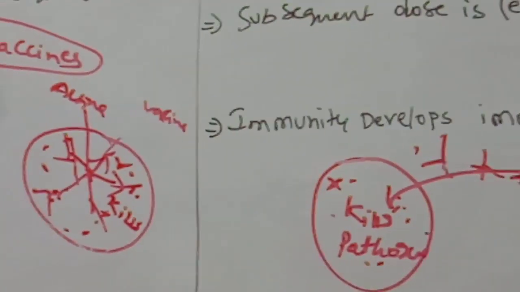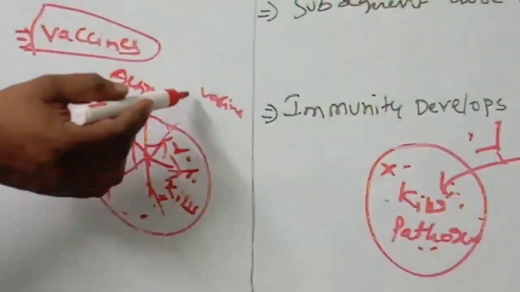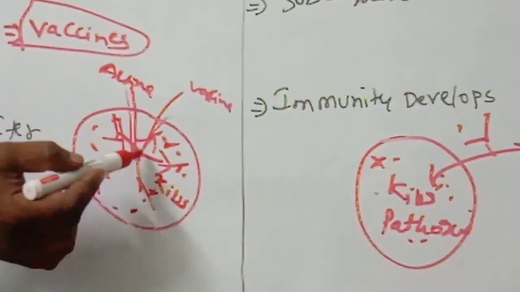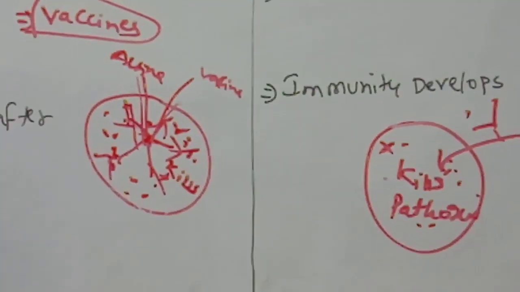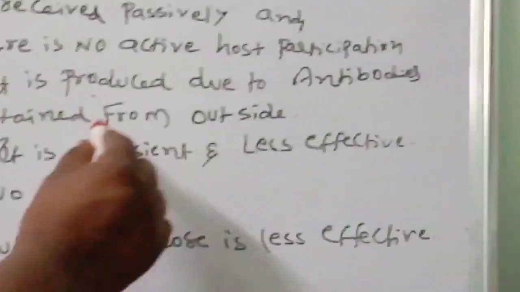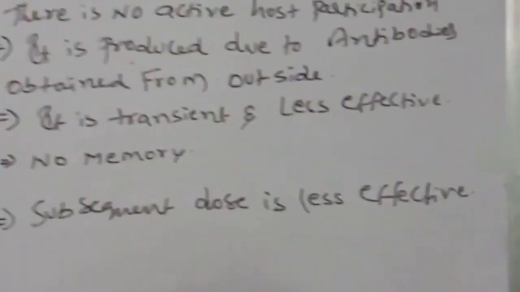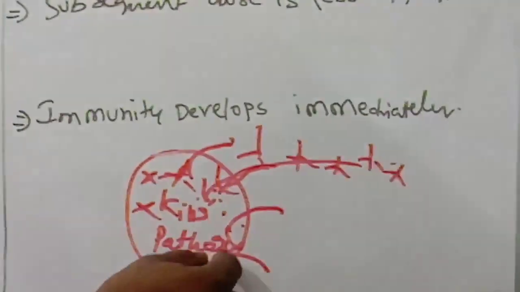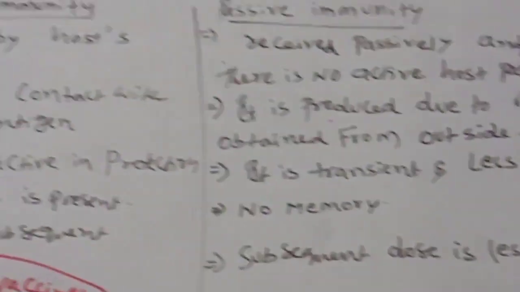Next, active immunity is produced due to contact with the pathogen or by its antigen. Any pathogen or its antigen entering makes the immune system produce antibodies. But in passive immunity, it is produced due to antibodies obtained from outside. So this immunity is coming from outside. That's why it is passive, and the other is active.